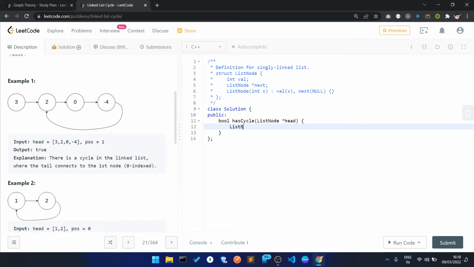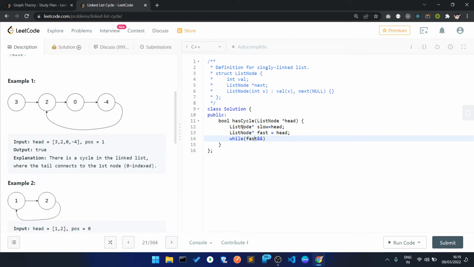I'll make two pointers. One pointer is named slow and it's initially pointing to the head. Another one is fast, and initially it's also pointing to the head. What's my duty? I have to check until my fast is not null.